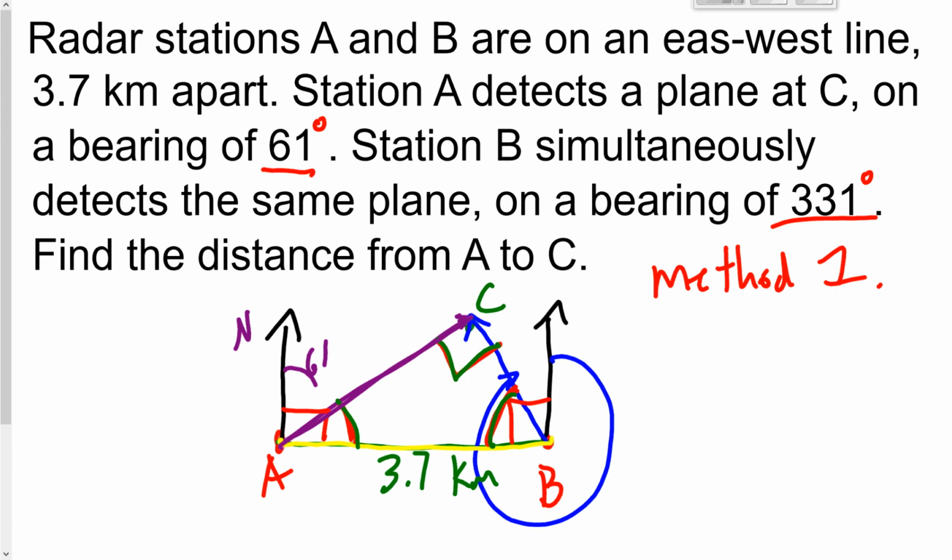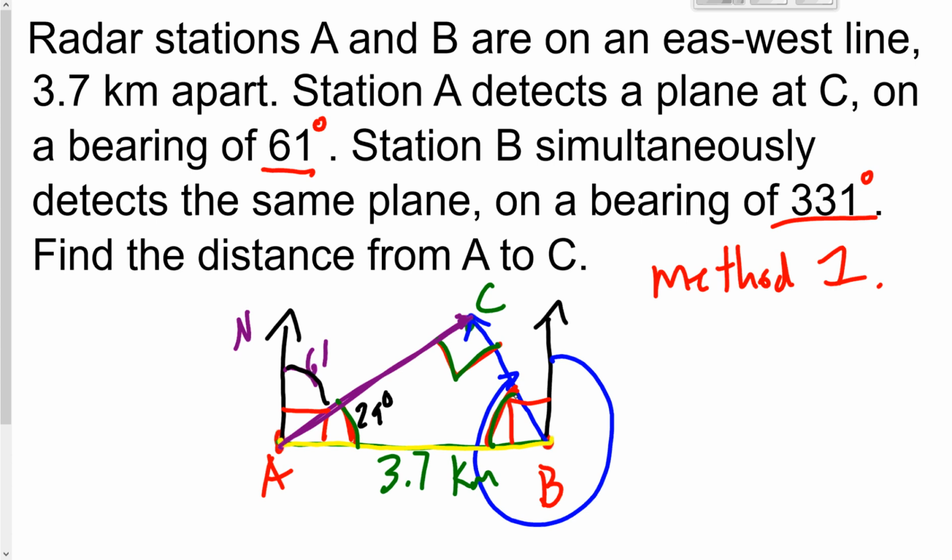So now we go ahead and label our diagram. We sketched it out and labeled our angles. We know that this is 61, and so that means this would be 29 degrees. Because this is 61, and if I go horizontally, that was 90.